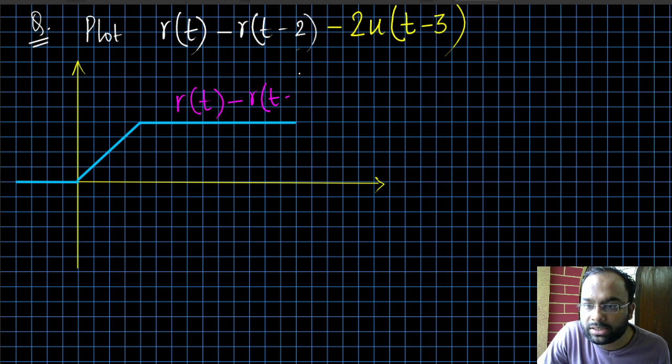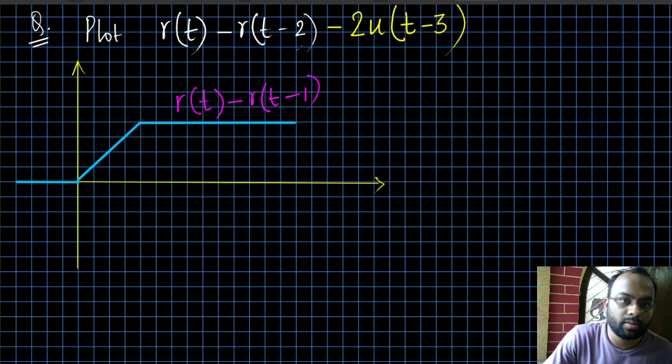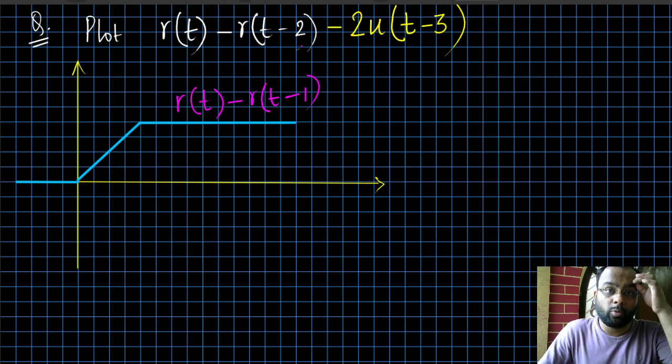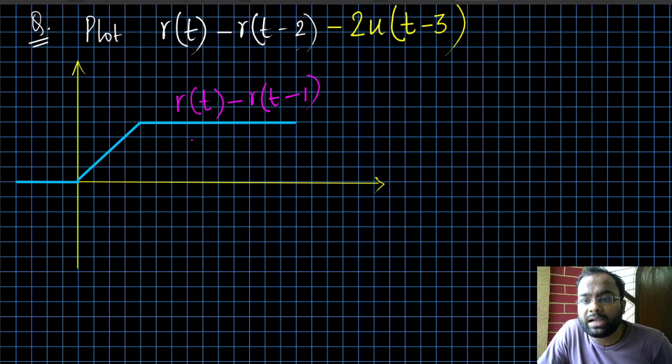So we have established that this is this, right? Yes. Yes, you people are correct. Some of you are correct, some of you are partially correct. So let's see. So this is RT minus RT minus 1, right?